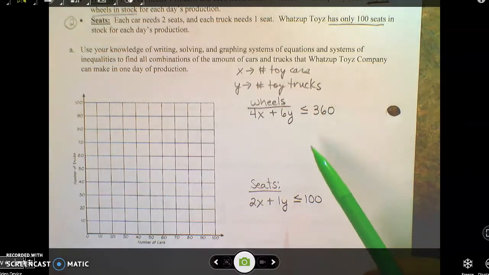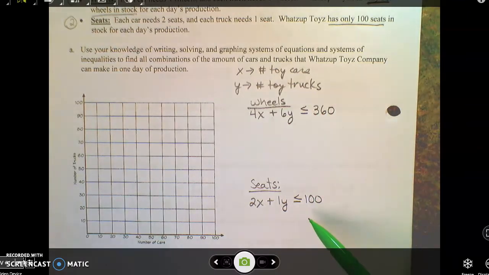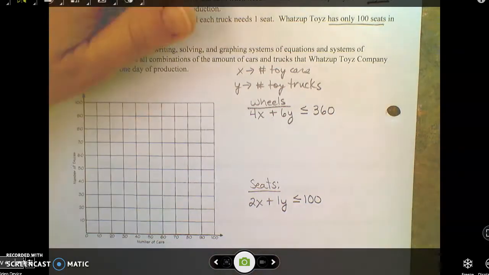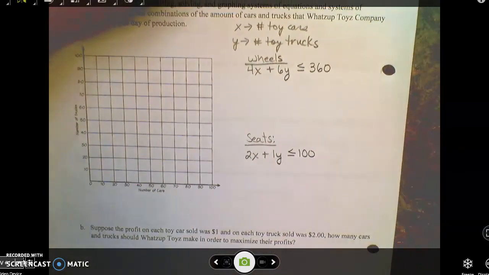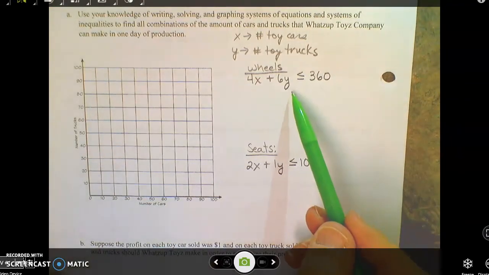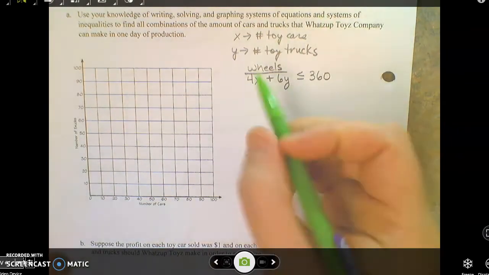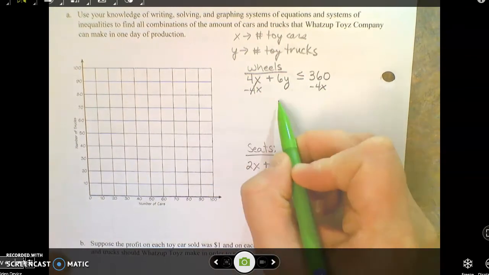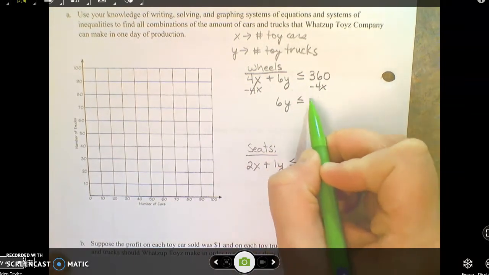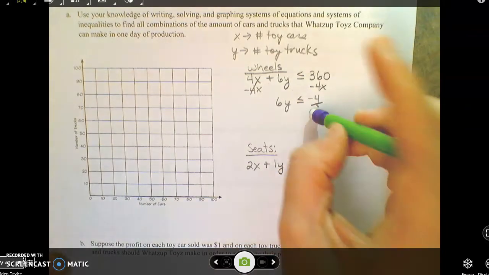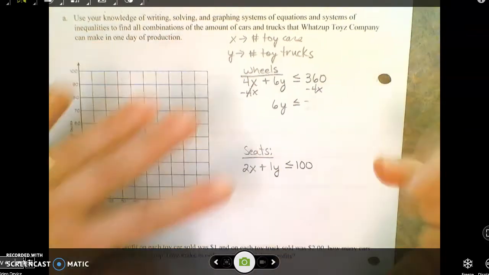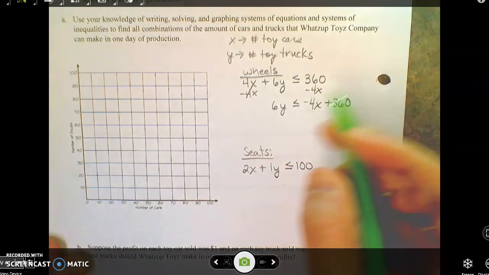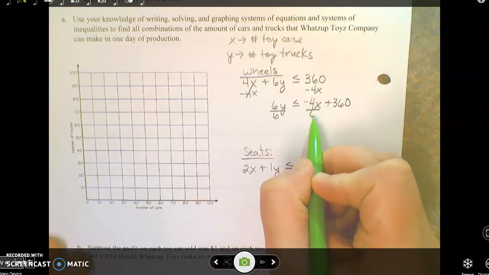Now, once we get these modeled in inequalities, then it's just normal algebra, and we graph and find the intersection points. So we need to get these in slope-intercept form. So subtract 4x from both sides for this one, which will give us 6y is less than or equal to negative 4x plus 360, and then divide by 6.